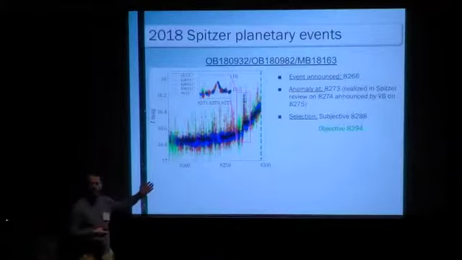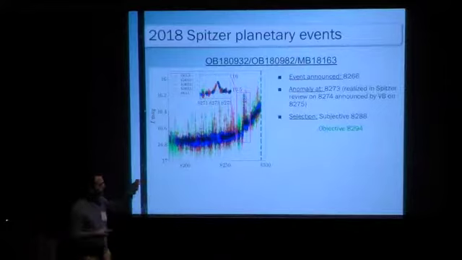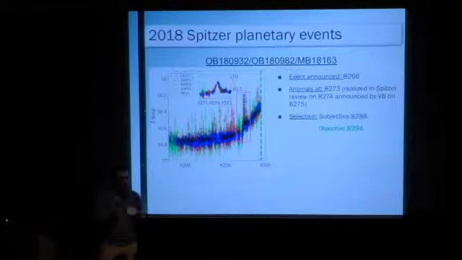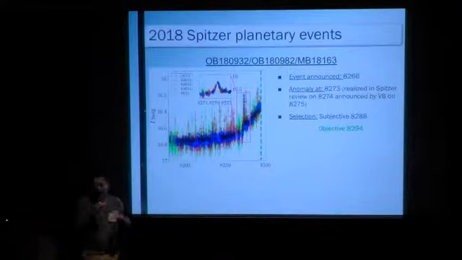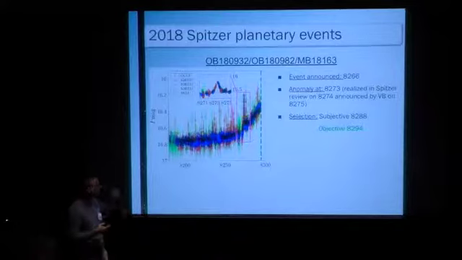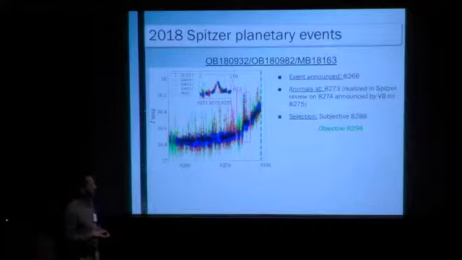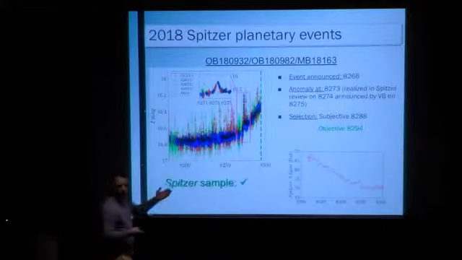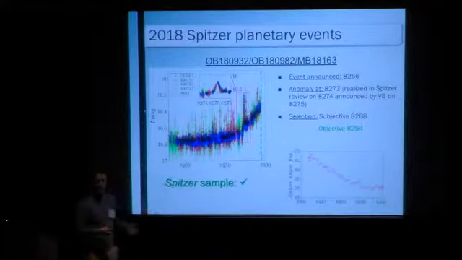Well, exactly for this, we developed our objective criteria. By the time of the first upload, the change in brightness compared to the baseline was such that it followed our objective criteria, so it is part of the sample. The second thing we need to see is that we actually have Spitzer signal, and we do. So this is an example of an event that is part of our sample.